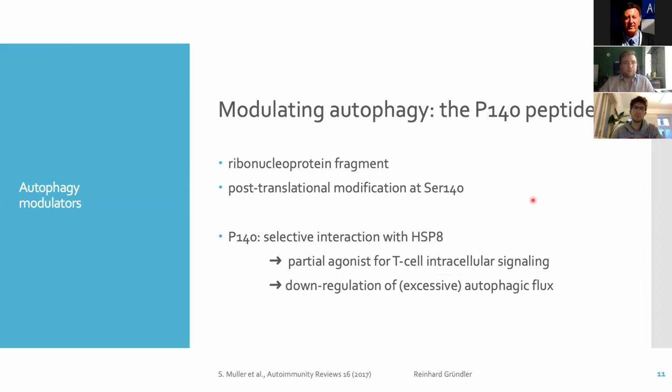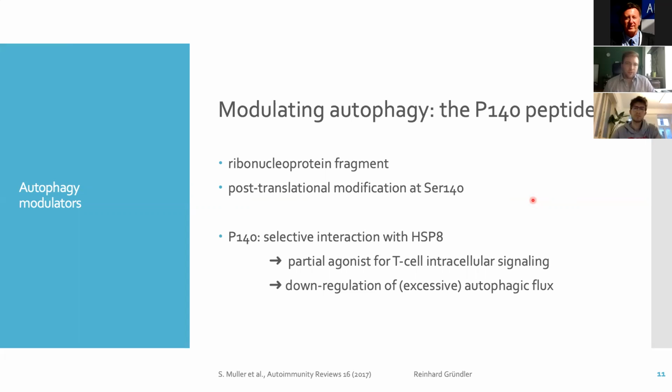The P140 peptide is a ribonucleoprotein fragment that has a post-translational modification at the serine 140 position, which is generally relatively well accepted and interacts with the heat shock protein 8.